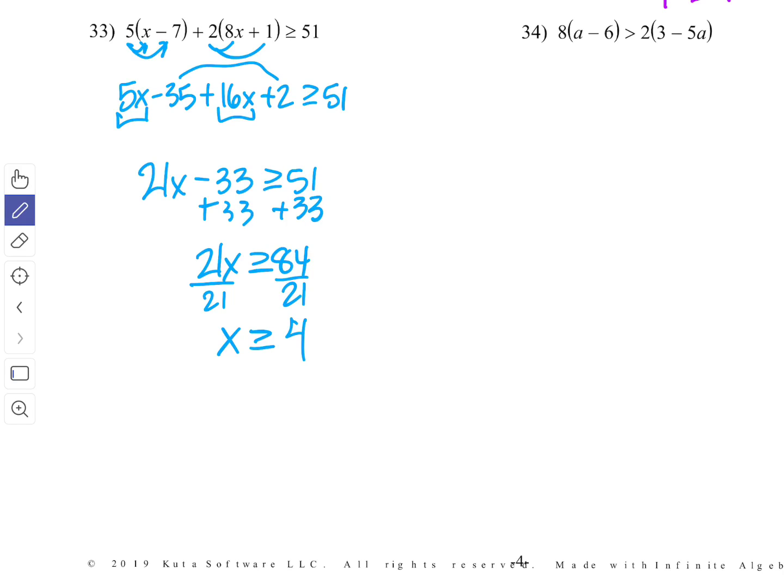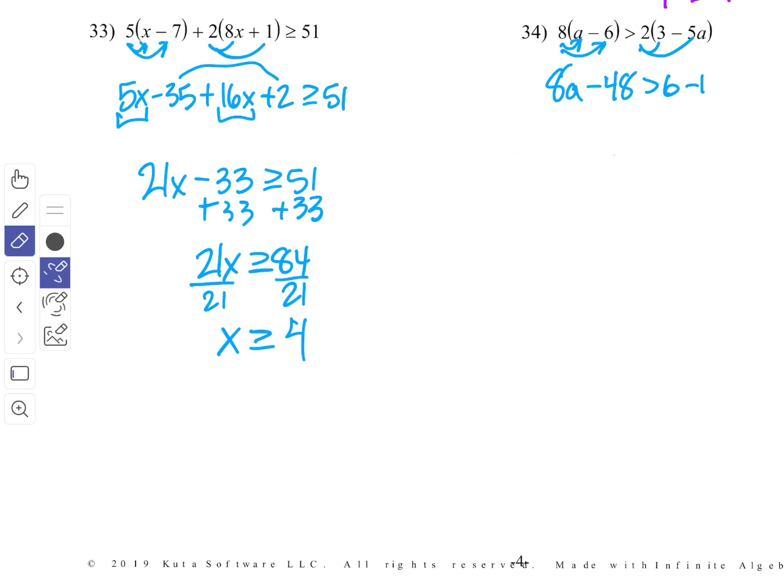Okay, last problem. So we distribute this one, right? 8 times a is 8a. 8 times negative 6 is negative 48. Greater than 2 times 3 is 6. 2 times negative 5a is negative, not 15. Wow, can't multiply today apparently. Negative 10a.